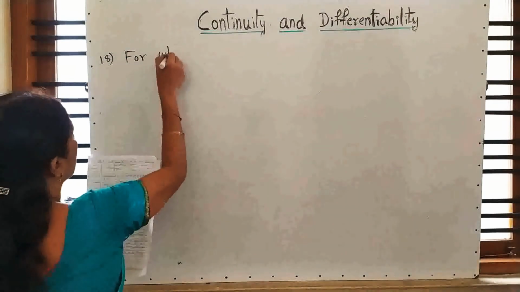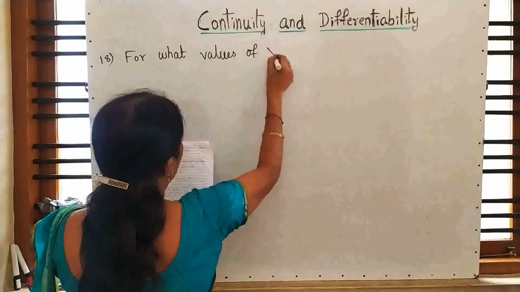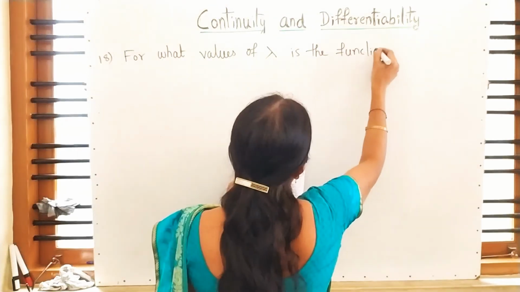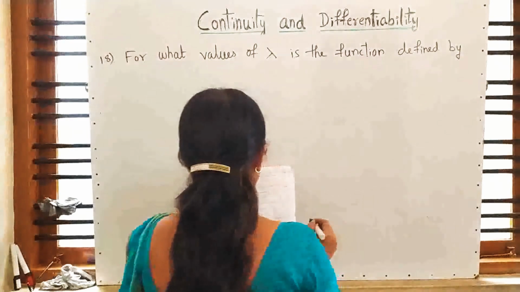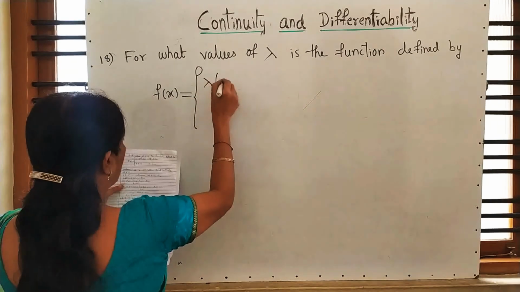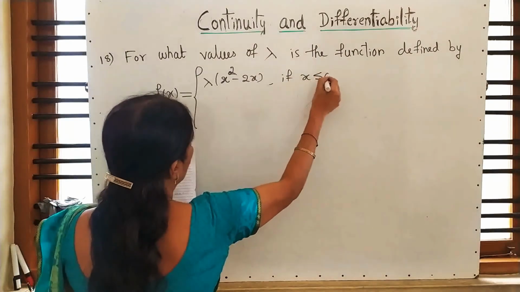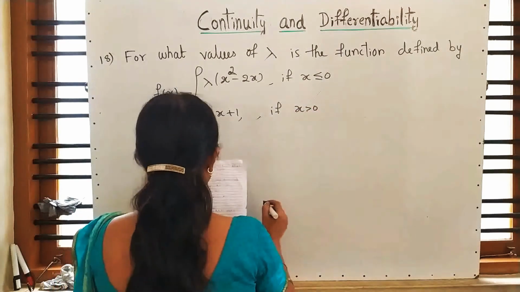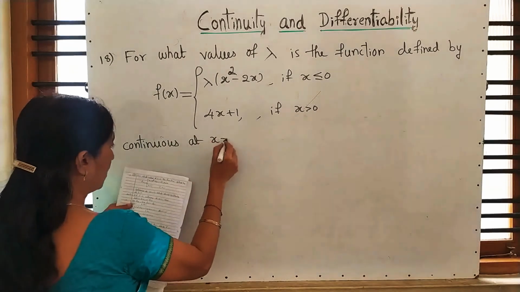For what values of lambda is the function defined by f of x is equal to lambda x square minus 2x if x is less than or equal to 0, and 4x plus 1 if x is greater than 0, continuous at x is equal to 0.